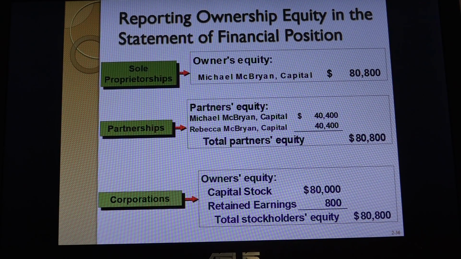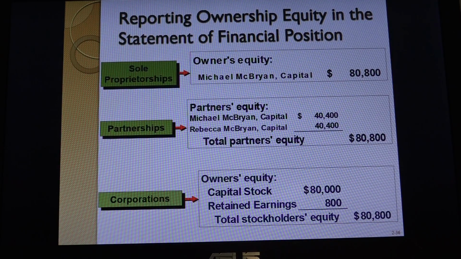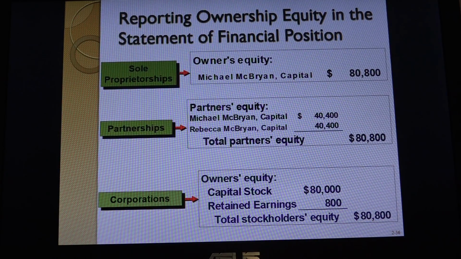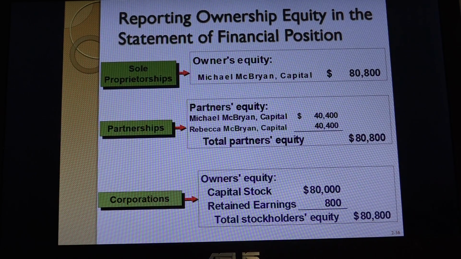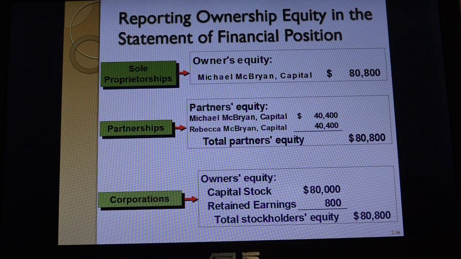Depending on the type of business organization, you would list the ownership equity a little differently. If you're a sole proprietorship, the equity portion of the balance sheet is called owner's equity, and you would list the name of the owner.